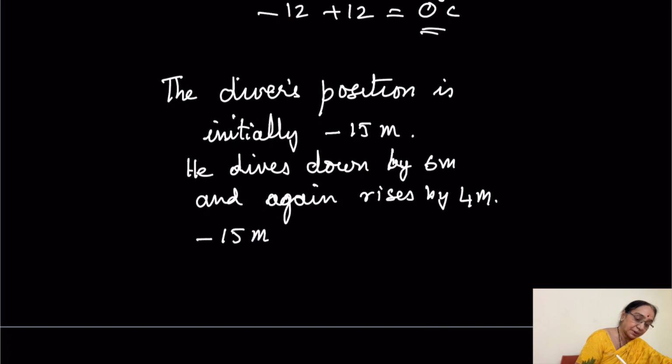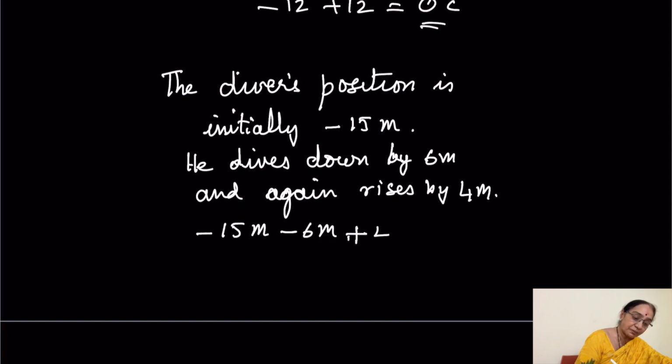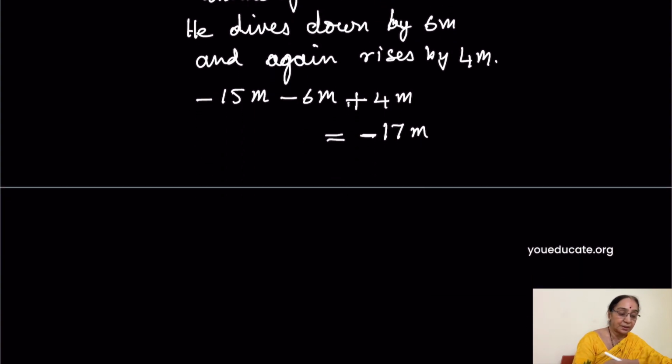Minus 15 meters, he goes a further 6 meters down, so another minus 6 meters, and now he rises by 4 meters. So actually he is only going down 2 meters below the minus 15. So his position is now minus 17 meters below the surface of water. So once again we have seen how directed numbers are employed in such situations, especially in heights and also temperatures.